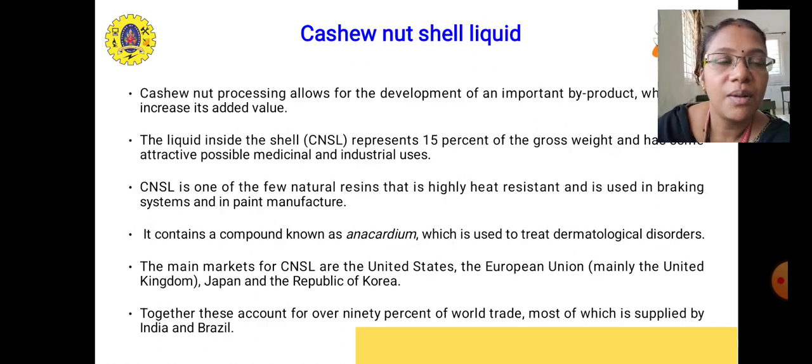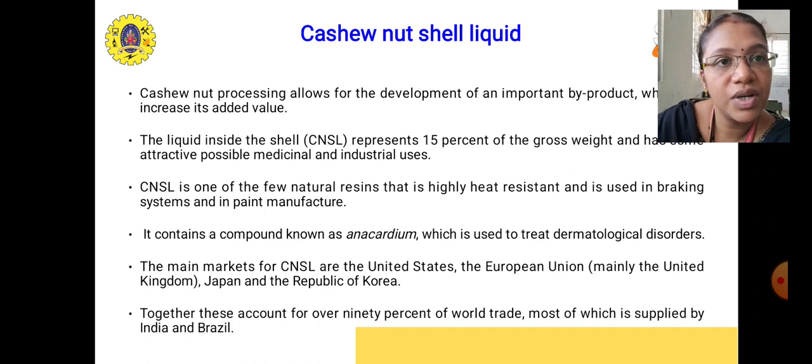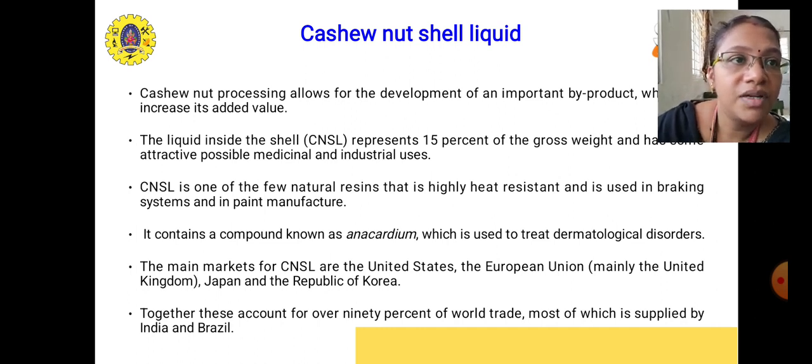Coming to the cashew nut shell liquid, which we obtain during the processing operation: it allows the development of an important byproduct, CNSL, which increases the added value. The liquid present inside the shell is called cashew nut shell liquid.